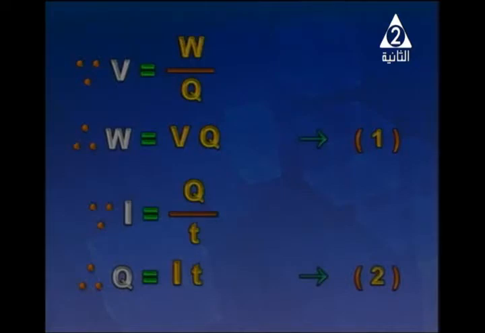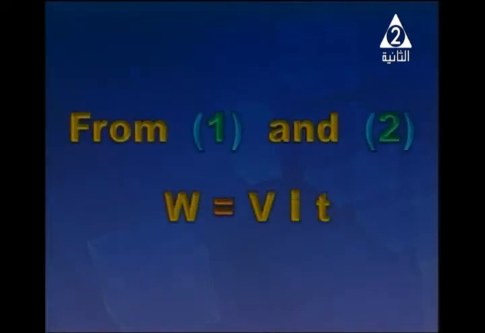It was VQ, and substituting for Q, it will be VIT. So electric energy W is equal to VIT, where V is potential difference, I is current intensity, and T is the time.